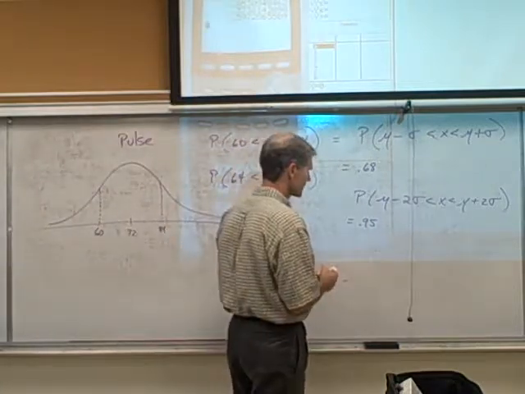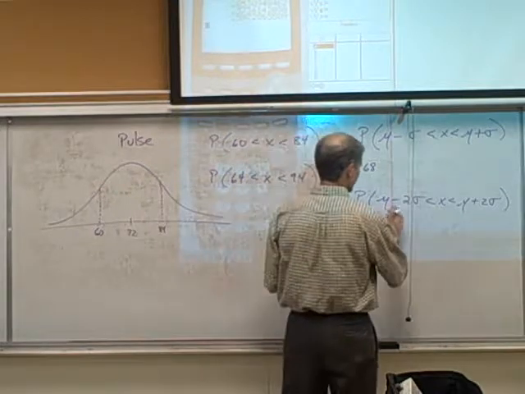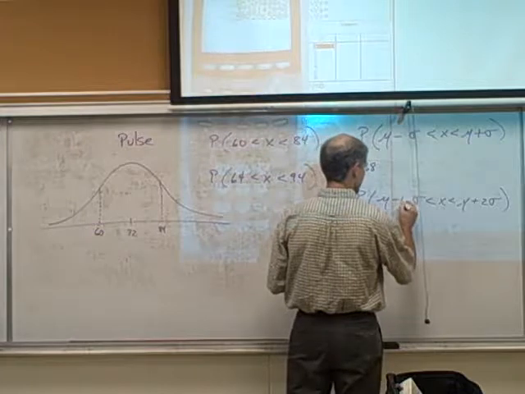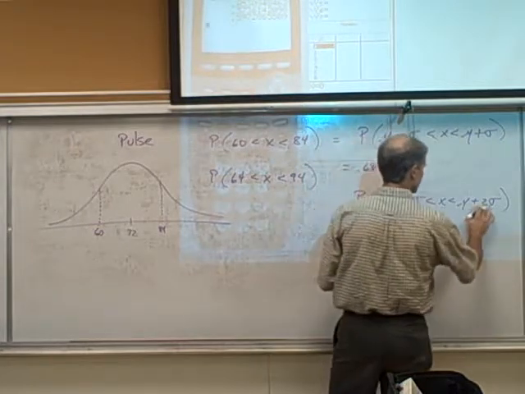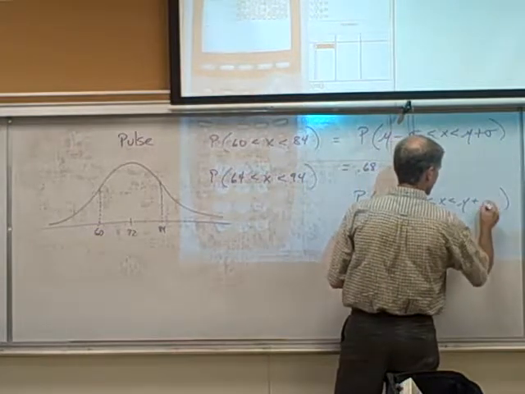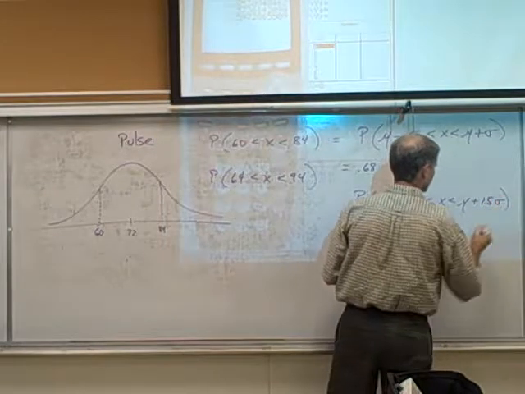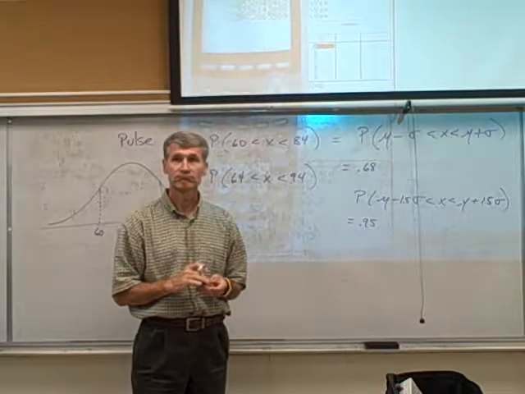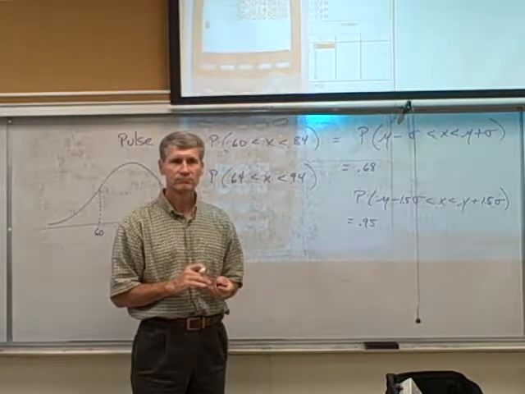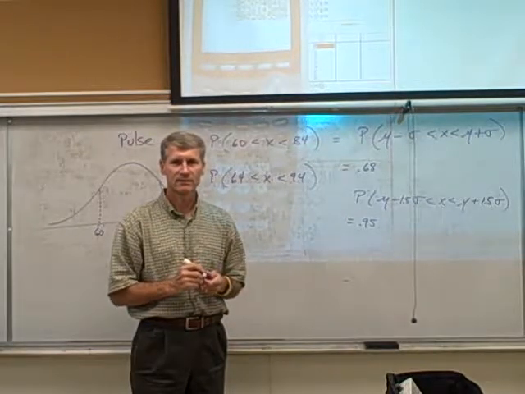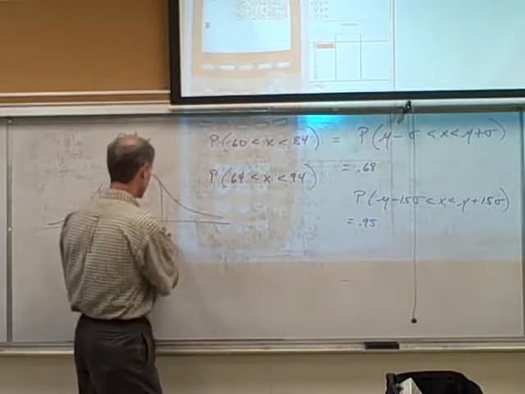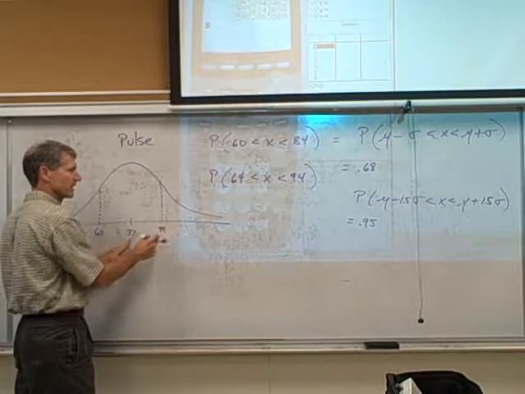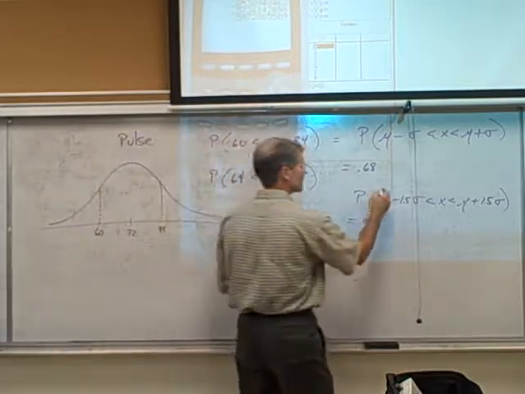But what if I now decide to hack you off and I do something like 1.5 sigmas instead of a nice integer multiple of sigma? Now how do I do it? Well, back to this drawing, where would 1.5 standard deviations put me? So what are these numbers that I'm asking about?